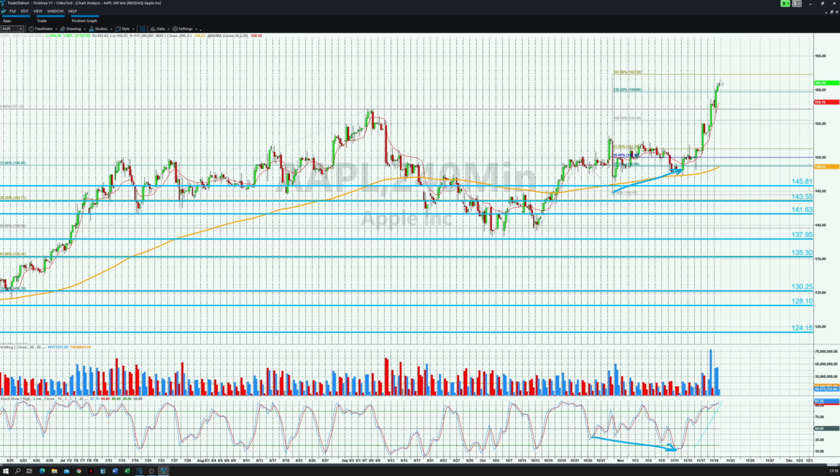It will probably make a correction. I'm not trading it, so you don't see all the levels that need to be drawn later. But Apple is probably the same, a small correction and something like this, a move to the downside, making a divergence.